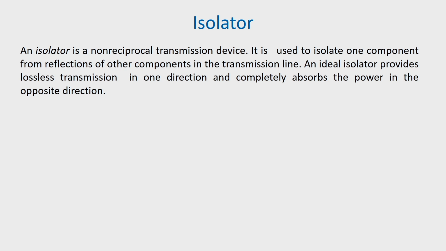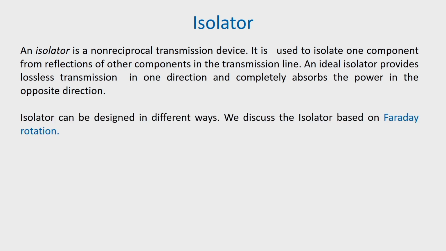It is used to isolate one component from reflection of other component in the transmission line. An ideal isolator provides lossless transmission in one direction and completely absorbs the power in the opposite direction.